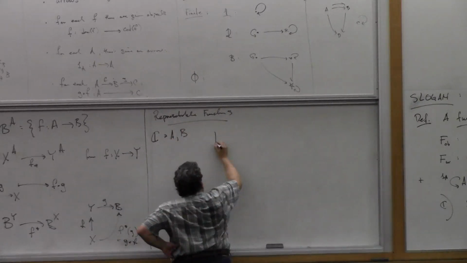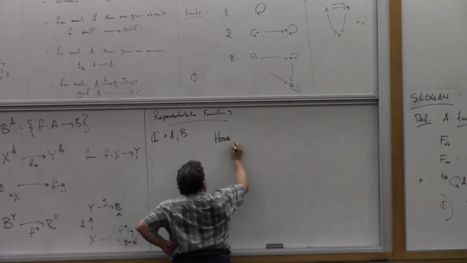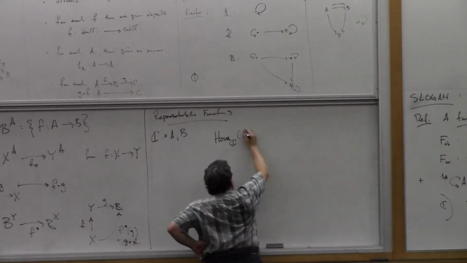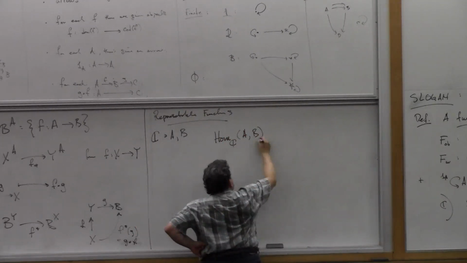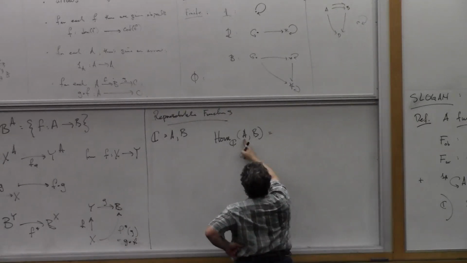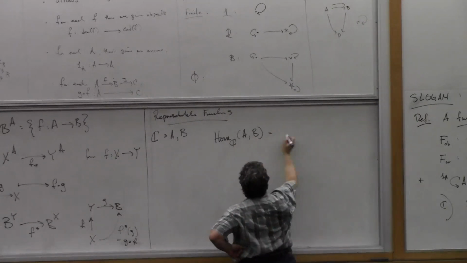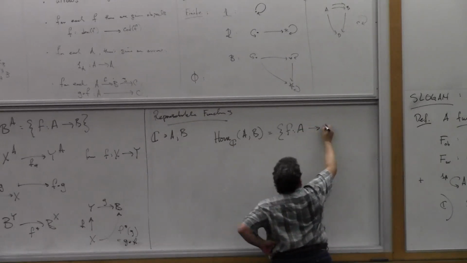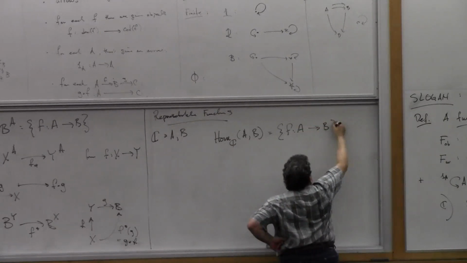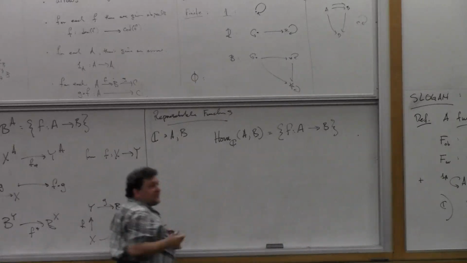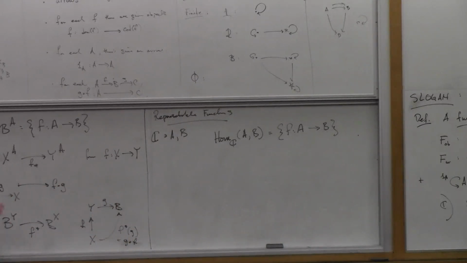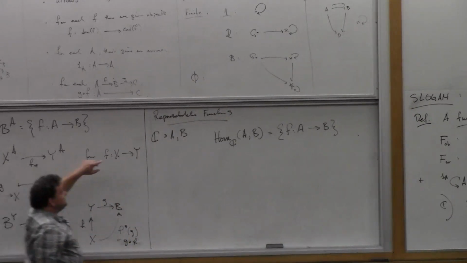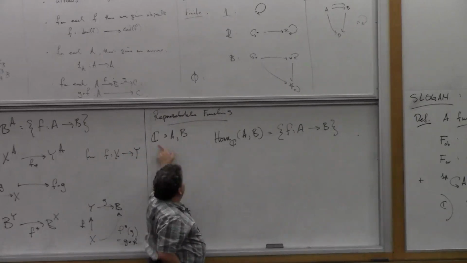And now I make the set, which I'll call Hom_C if I need to be specific. So this is the set of all arrows from A to B in the category C. Why is it a set? Because I'm assuming that C is small. If I ever say that something is a set, it means I've assumed that it's a set. Okay? So I assume that C is small.